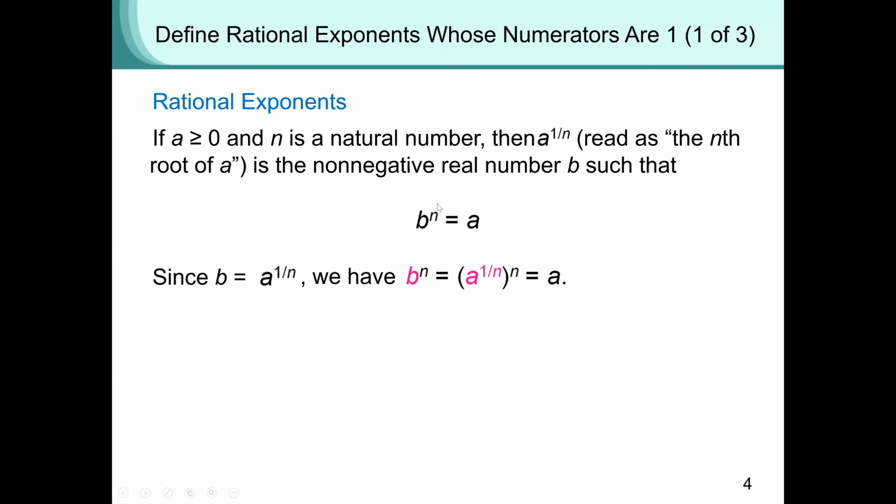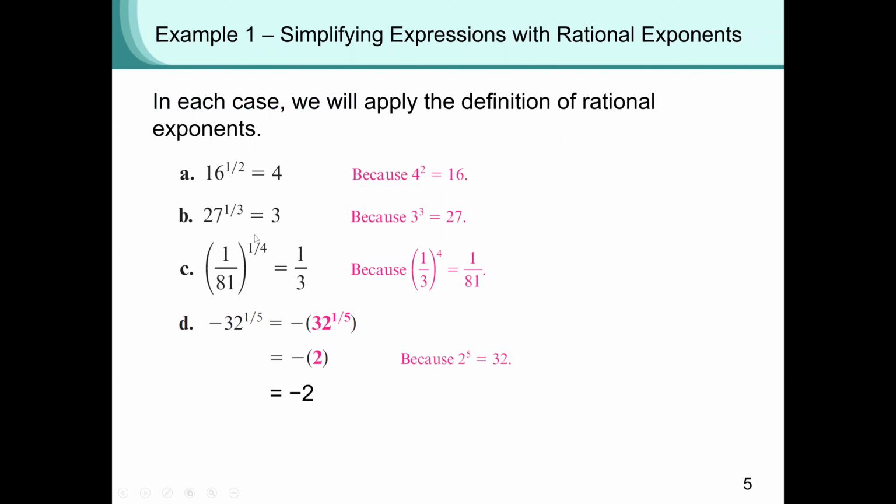Now, b to the power n equal to a is the same as writing that a to the power 1/n equal to b. And that's what we have here. So again, we're going to see a couple of examples now.